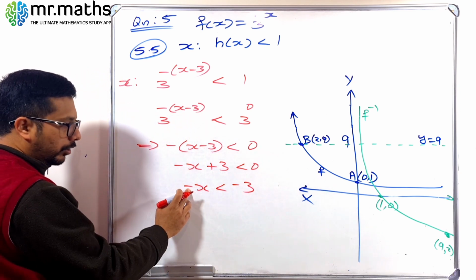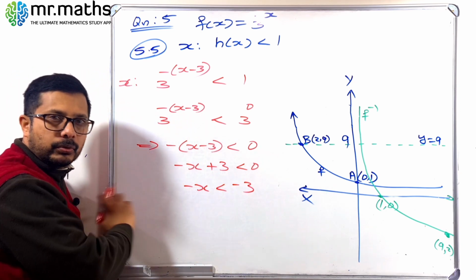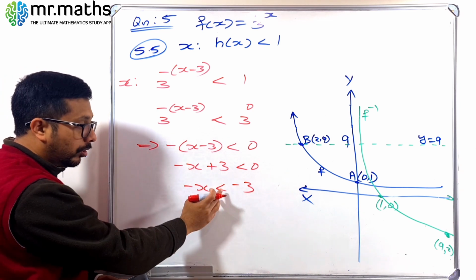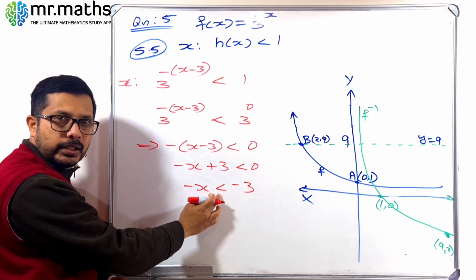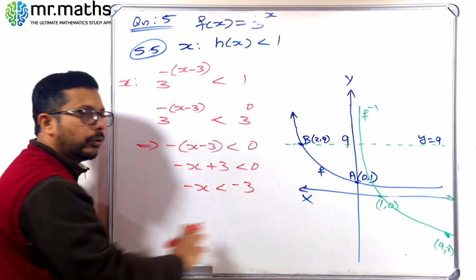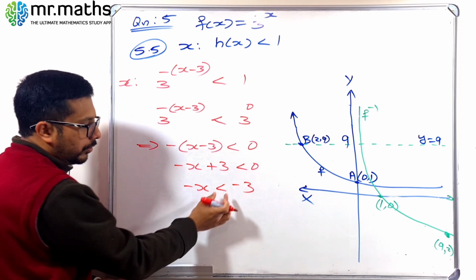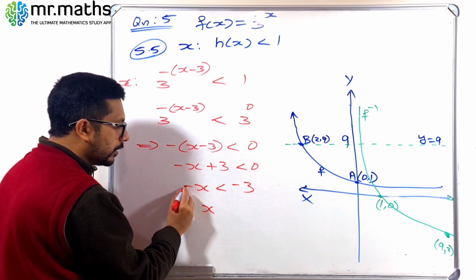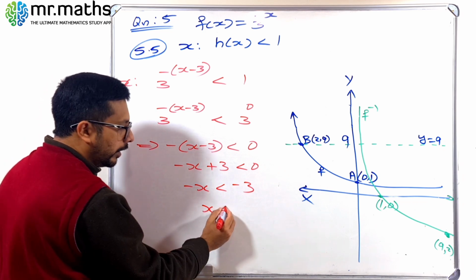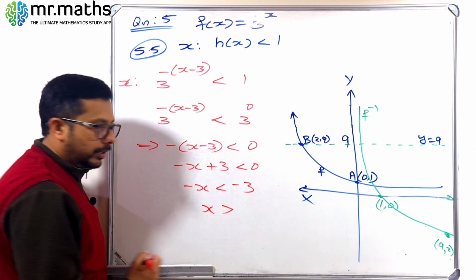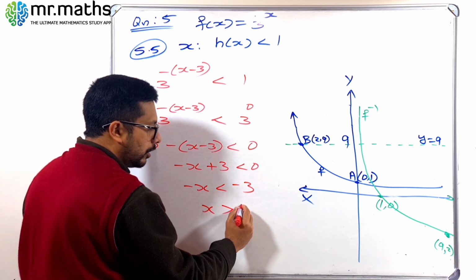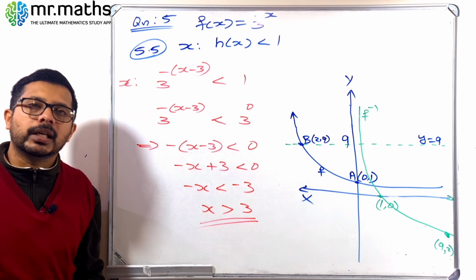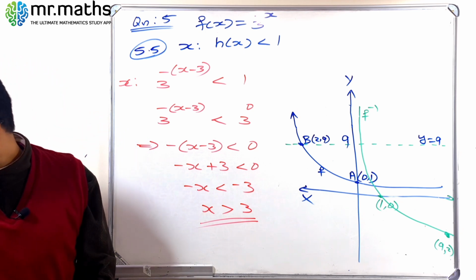Here you have to change this to positive, so you multiply the left side and right side with a negative. But don't forget that this is an inequality, so if you multiply or divide with a negative, you have to change the sign. Minus into minus is positive x, greater than minus into minus is positive 3. So the values of x are x is greater than 3.